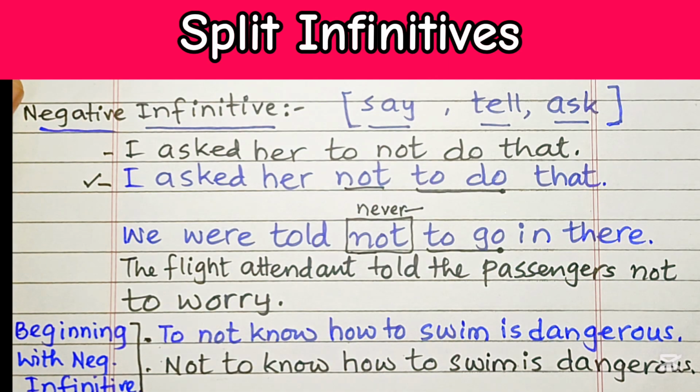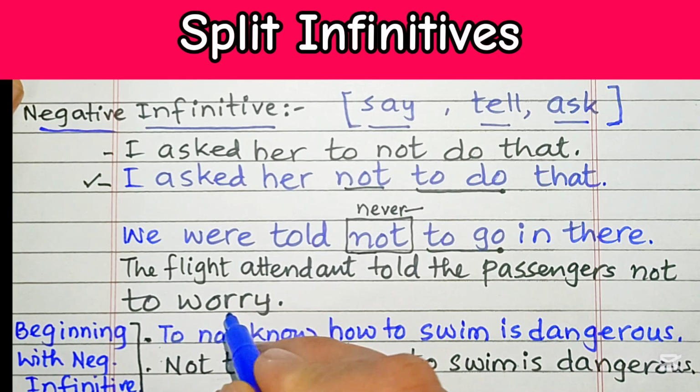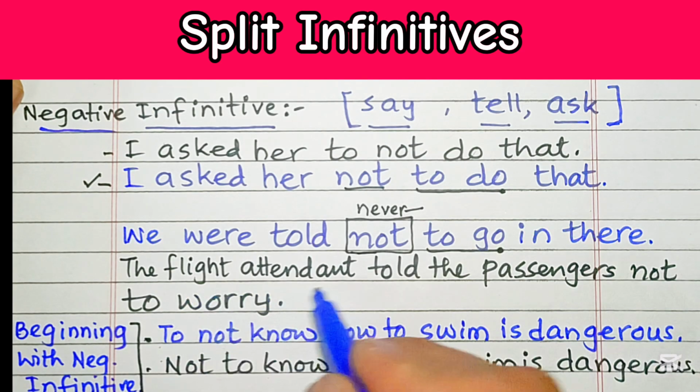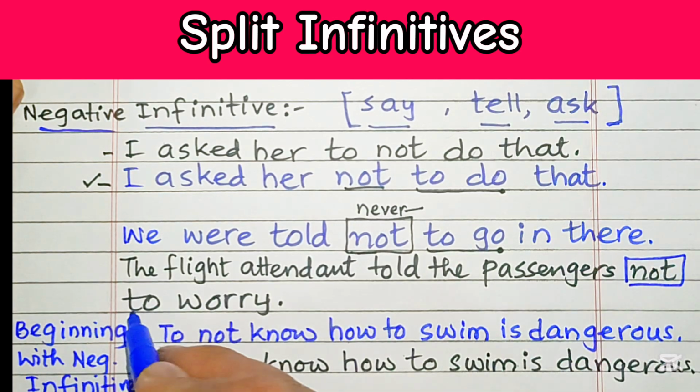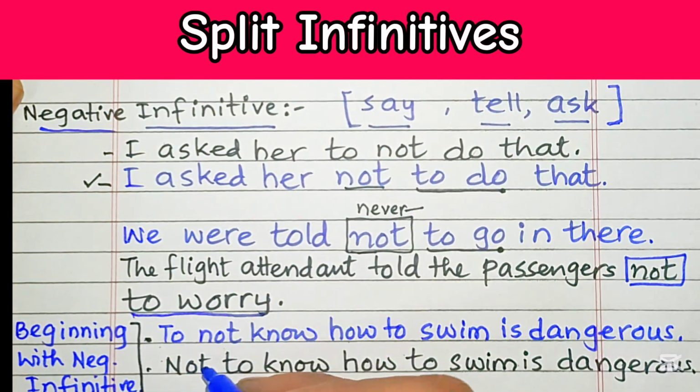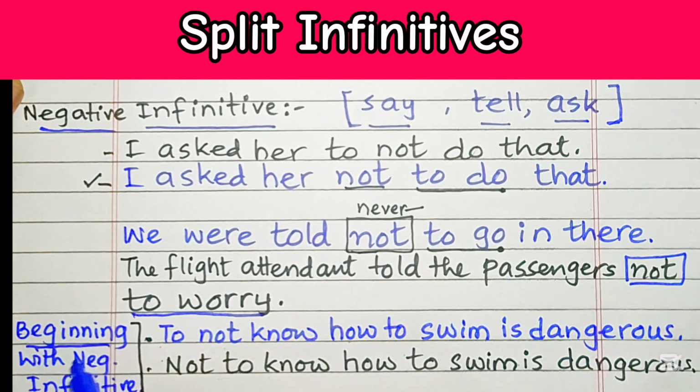The flight attendant told the passengers not to worry. So once again, here is the word not, and then here is the infinitive to worry. We can also put a negative infinitive in the beginning of a sentence.